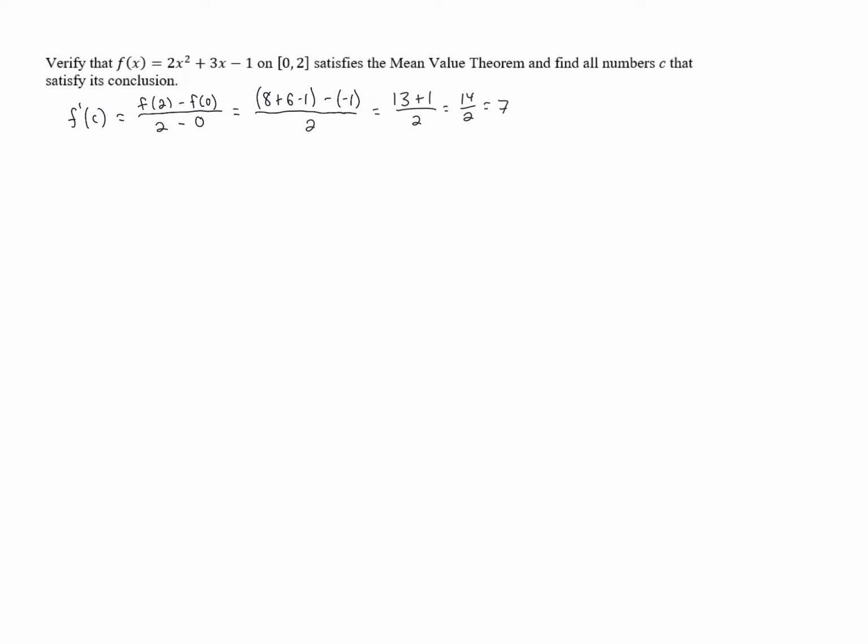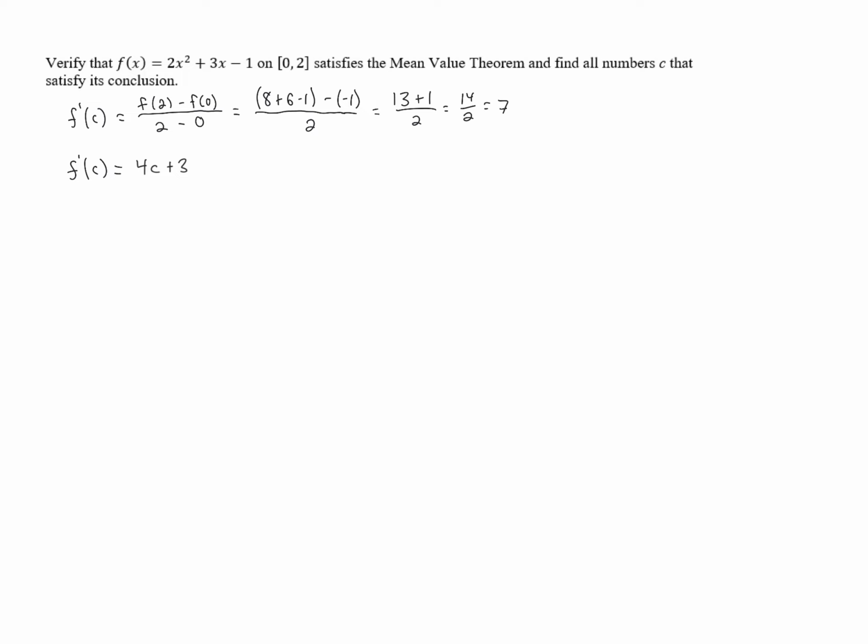Now, let's differentiate that function, f prime of c, but also have it in terms of c. So the derivative of this function is 4x plus 3, but that's going to be 4c plus 3 in this case.